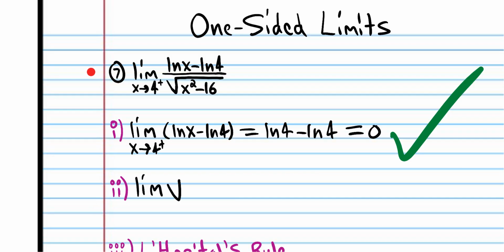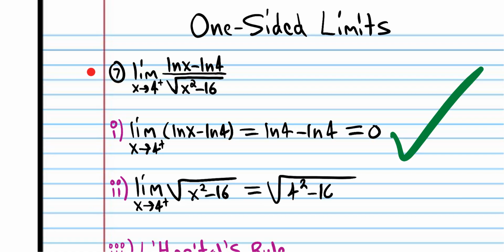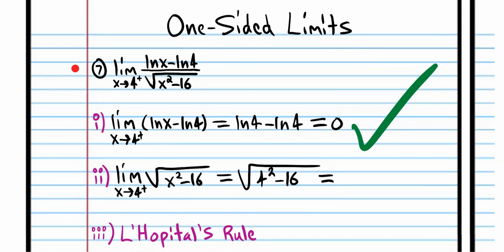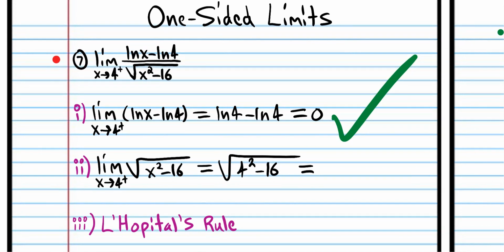Let's find the limit of the denominator as x approaches 4 from the right. And again, we have a continuous function, continuous at least when x is 4 or greater than 4. So we have root 16 minus 16, which is root 0, which is 0.